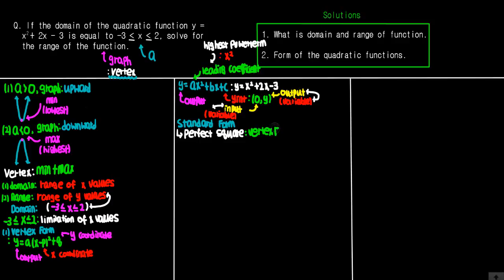And this was the first way to convert the standard form into a vertex form in order to solve for the vertex of our quadratic function, which we usually notate as x comma y, but in this case p comma q. But this time, the point is different: instead of solving for the vertex of our quadratic function by the vertex form, we're going to solve it through a formula.